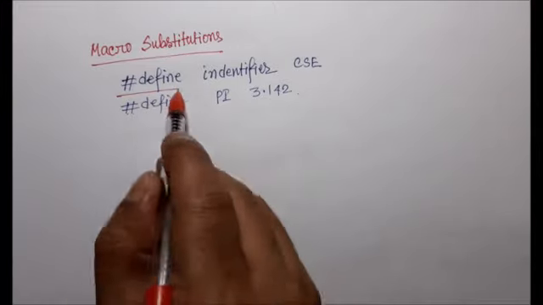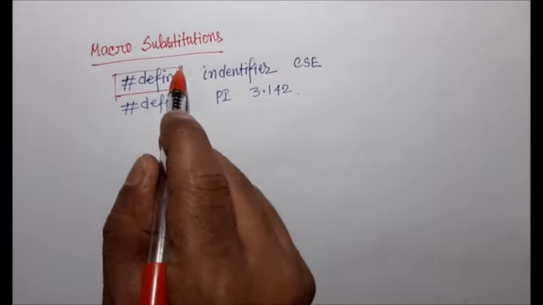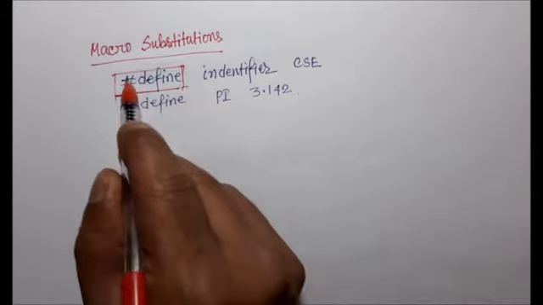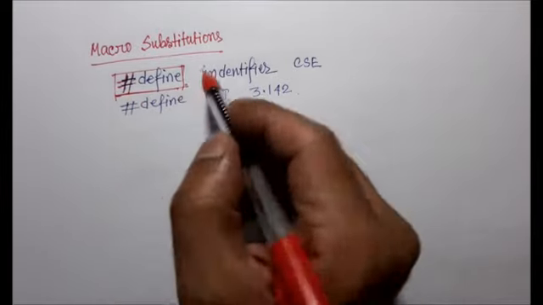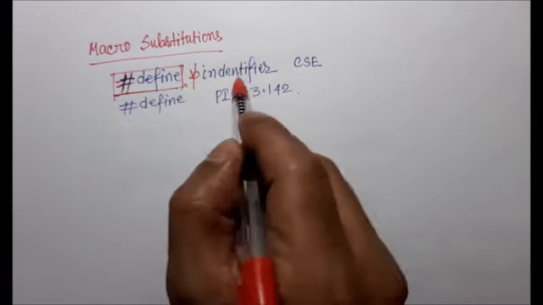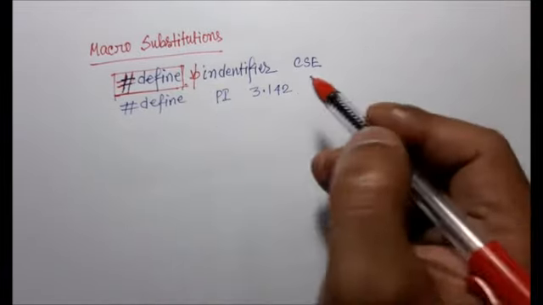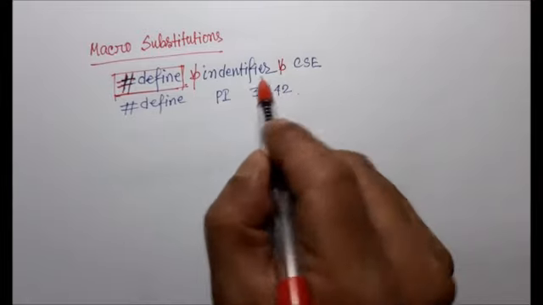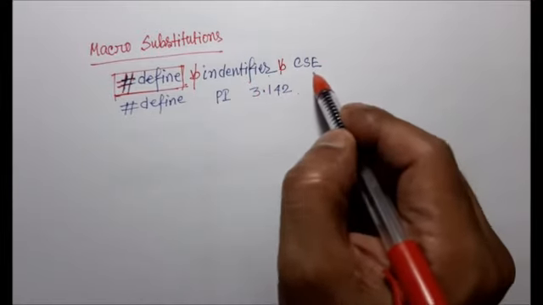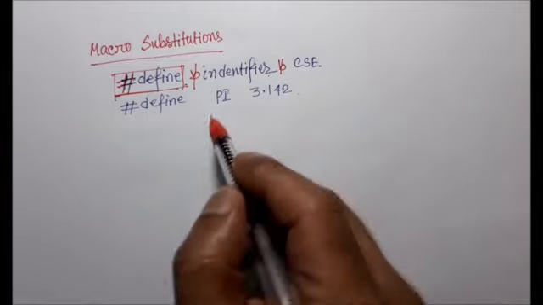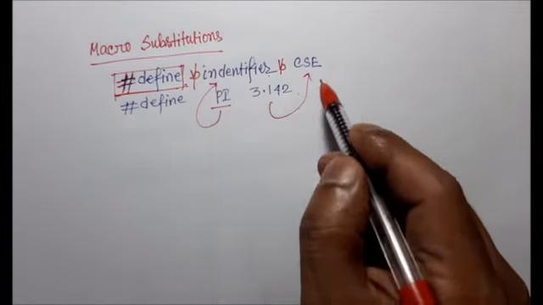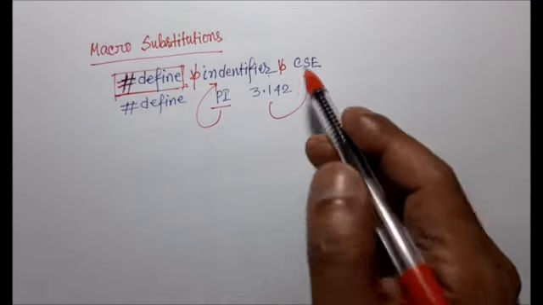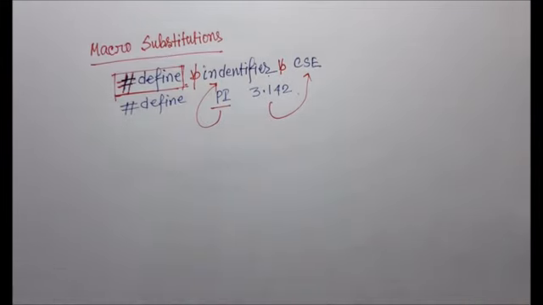Let me compare these two. The first one is a macro substitution. First we use the preprocessor directive symbol, hash define, right. Then there is a space between hash define and the identifier, and there is also at least one space between the identifier and the constant. Here pi is an identifier and this one is a symbolic constant. In my syntax, first we write hash define, then we give the identifier.